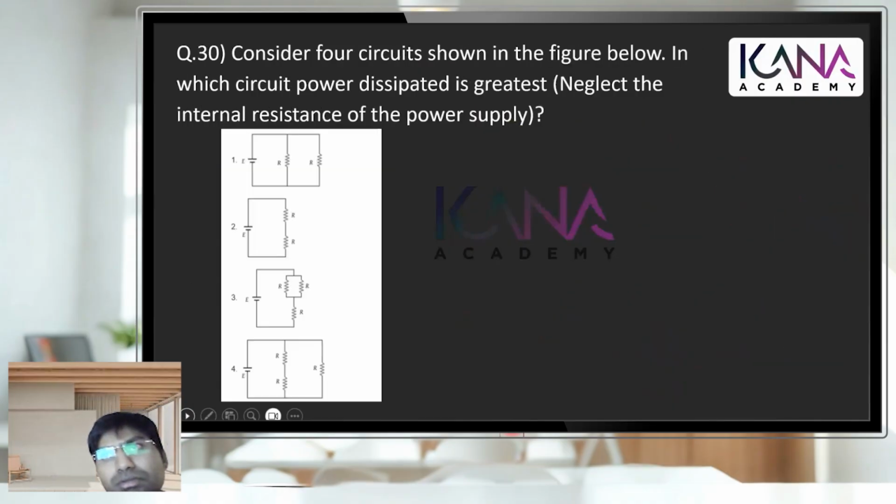Another question. So there are 4 circuits. Which has the greatest power? So the greatest power dissipated.